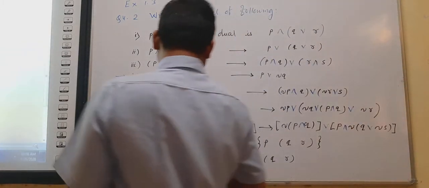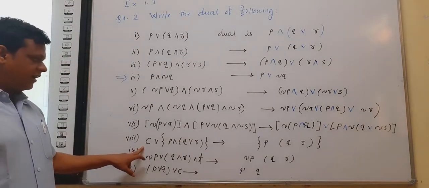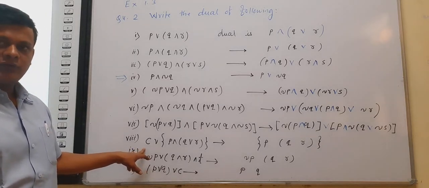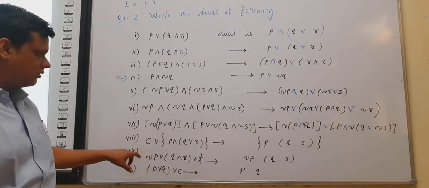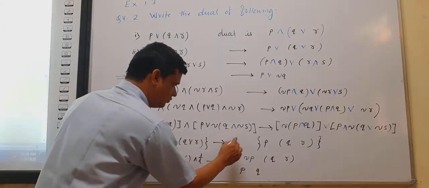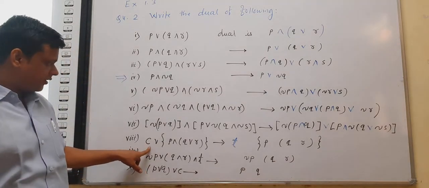Now see the last three examples. In problem number 8, the letter C is used, which stands for contradiction. We change contradiction to tautology. So we write T while making its dual.